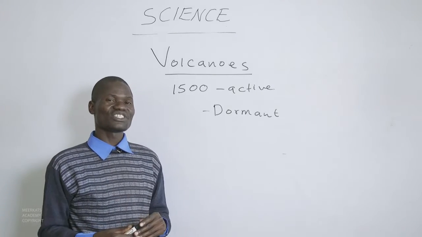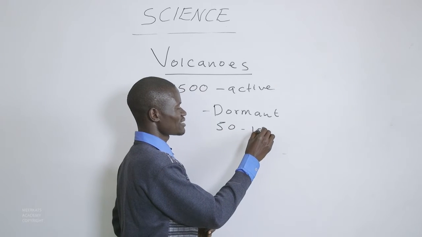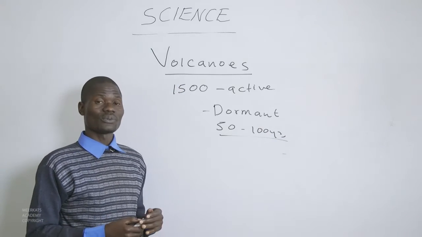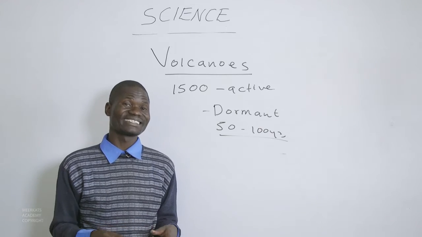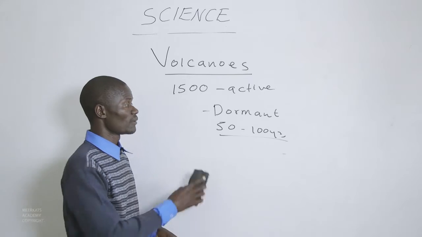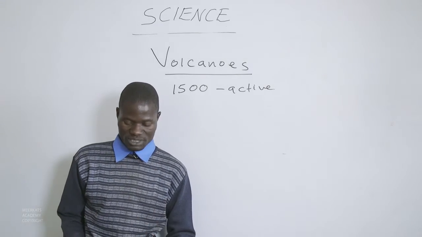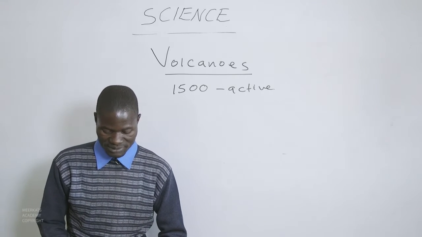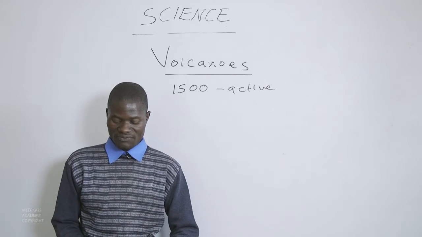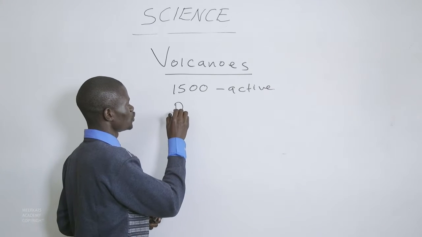And the one that is almost getting extinct is around 50 years to around 100 years. If it is almost at this age, then we say such a volcano is extinct. Therefore, it is almost a dead volcano. It cannot erupt anymore. And that means some of the igneous activities have reduced or have stabilized in some given areas. Therefore, there are also a number of volcanoes in Australia which are dormant.